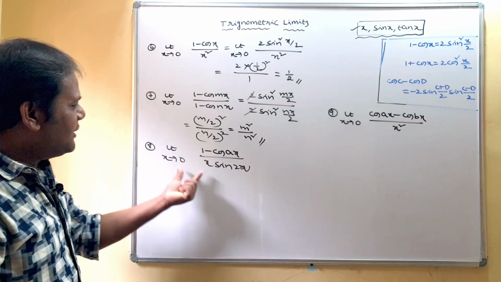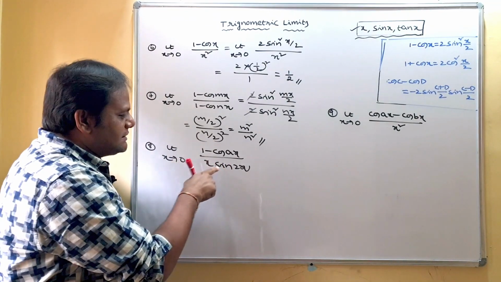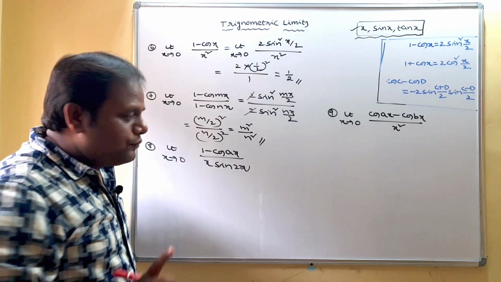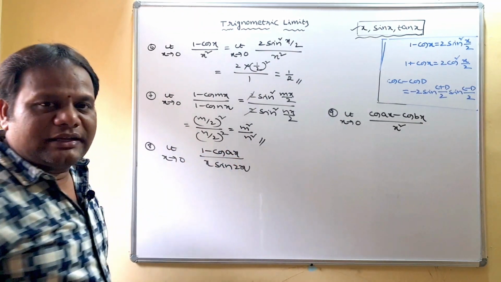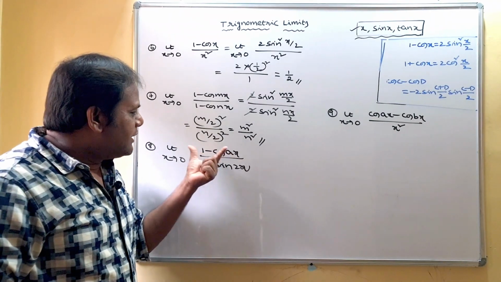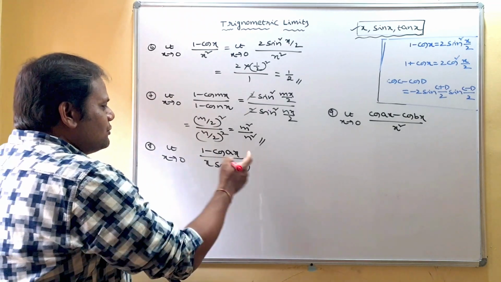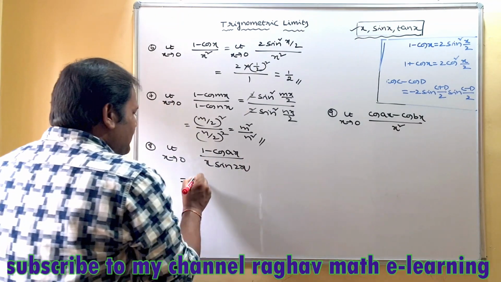Coming to this problem, here you see that in denominator we have x and sin function. Good. But in numerator we have 1 minus cos ax. To apply the shortcut rule, you have to reduce the numerator into sin or tan. So it is like 1 minus cos theta.